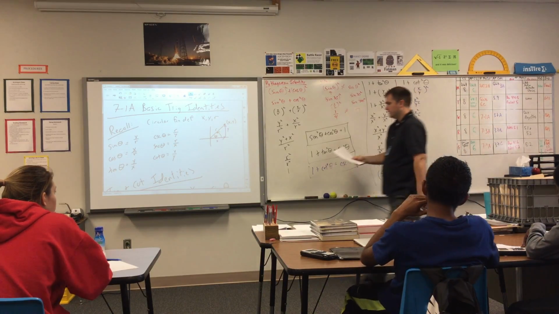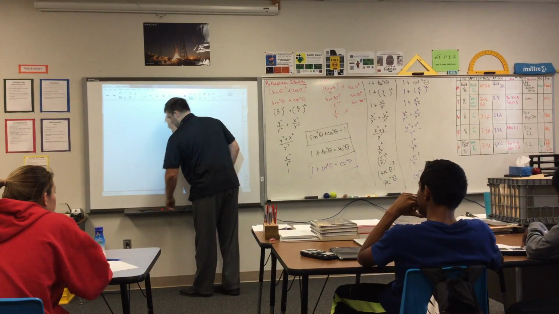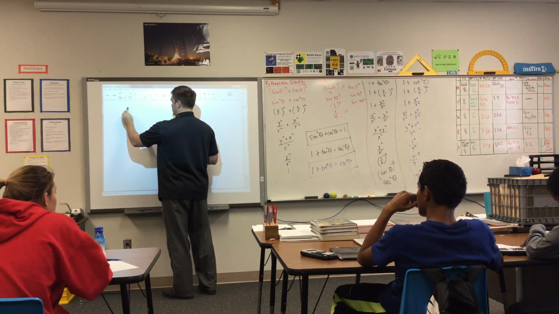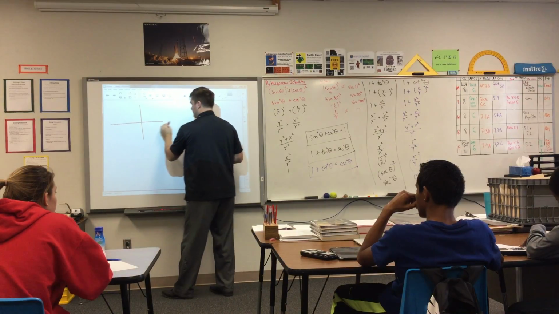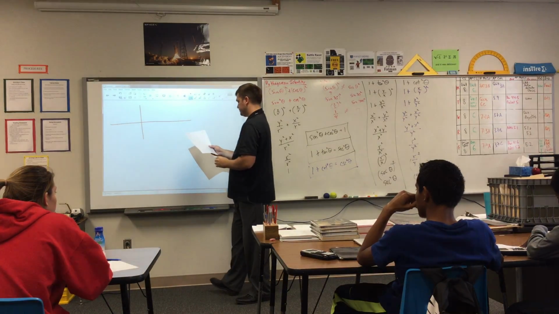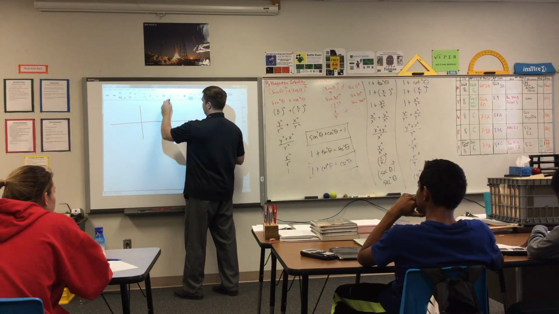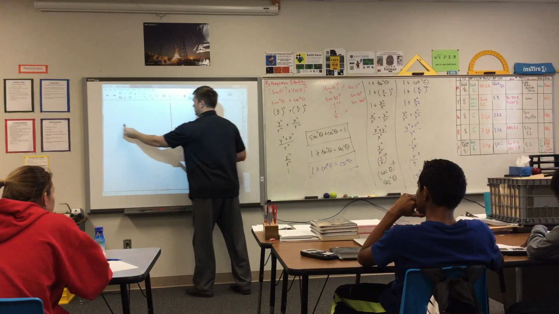Alright, let's move on to some more identities. But for these, we're going to draw some graphs. First off, draw a good old sine graph. In fact, we're going to draw it right here in the middle.